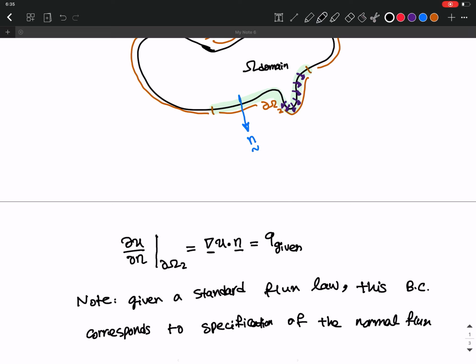So this is very important, and it's used a lot, for example, in fluid phenomena.